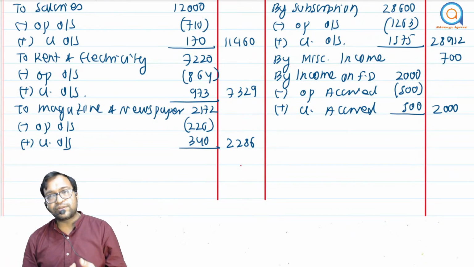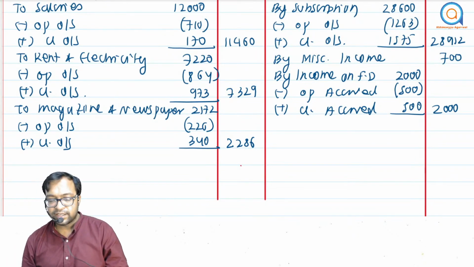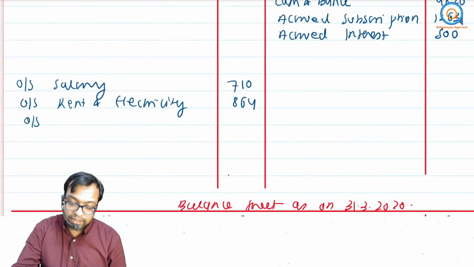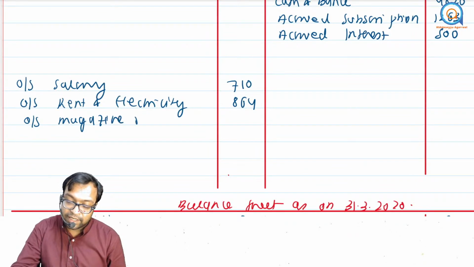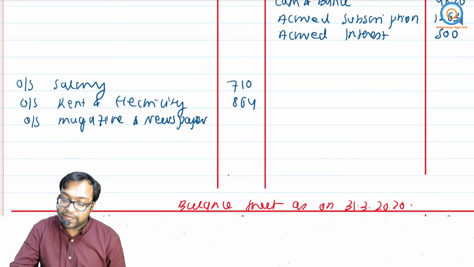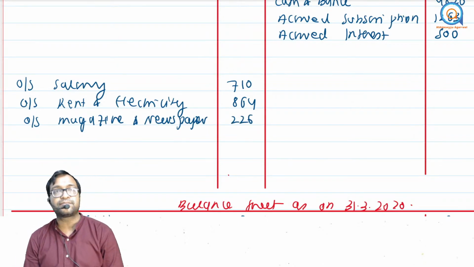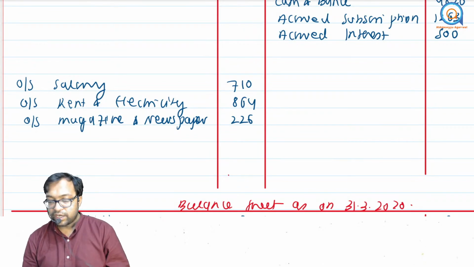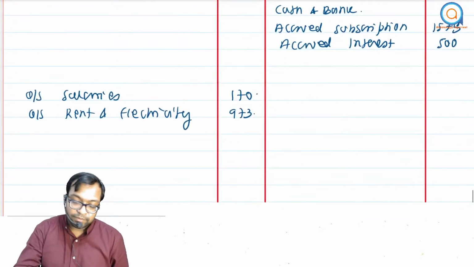Now this will also go to the liability side of balance sheet. Don't forget that. So go to your balance sheet now. Write outstanding magazine and newspaper. I am in opening balance sheet. Opening balance 226. Now go to closing balance sheet.